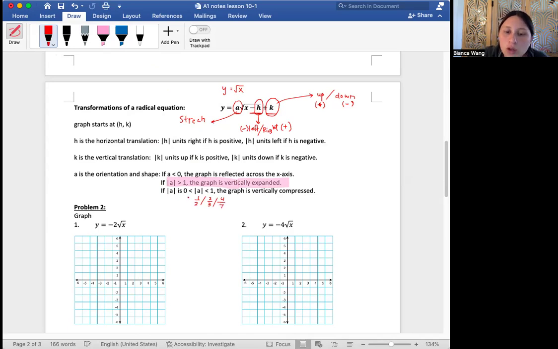So these are all less than 1, but they are also greater than 0. That is where the graph is vertically compressed, okay? So it's becoming more narrow. Expanding means wider, compressed means more narrow.